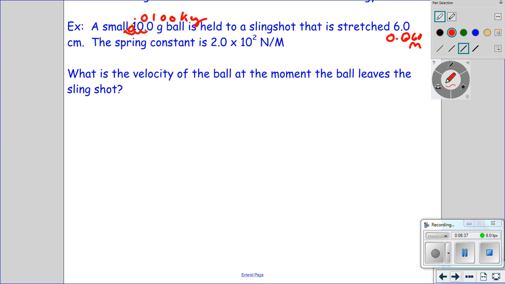So I want to find the velocity of the ball at the moment it leaves the slingshot. So I'm going to use the equation initial potential energy plus initial kinetic energy equals final potential energy plus final kinetic energy.